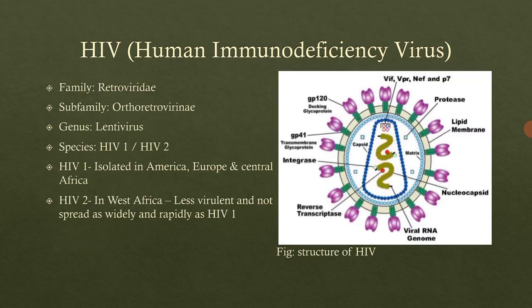Then we will see what the family is. The family of the HIV virus is Retroviridae. Retroviruses are viruses that have RNA as genetic material, and hence they are called retroviruses.